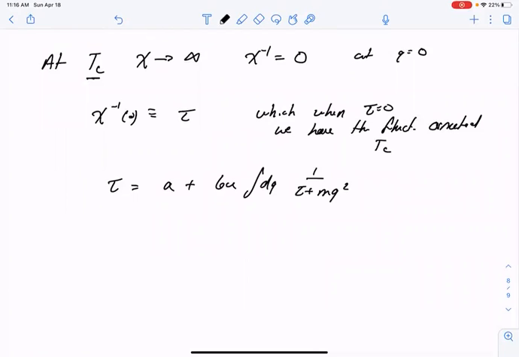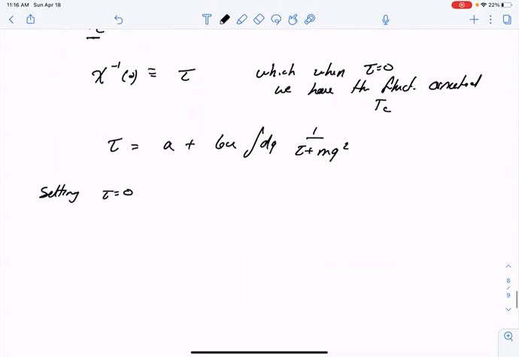Setting tau to 0, to find the location of the critical point, gives us an expression that A is equal to minus 6u times an integral over 1 over q squared.